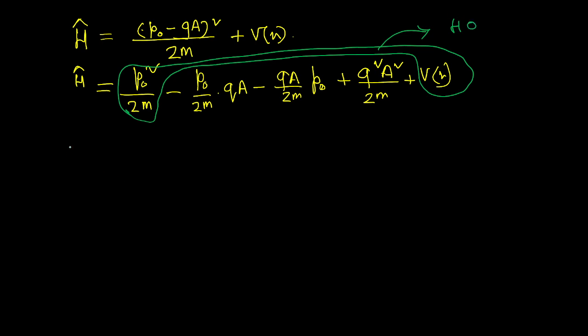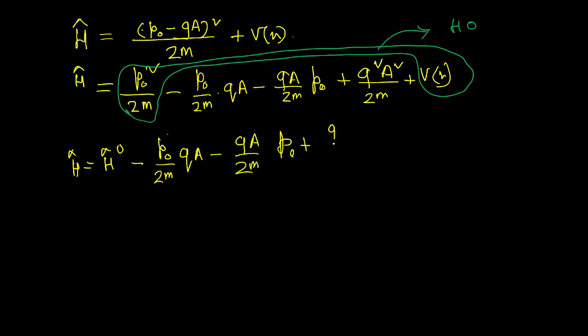Okay, so we can write this whole term as H0 minus P0 by 2m QA by 2m, P0 plus Q square A square by 2m. So this total is your H of T, the perturbative Hamiltonian.